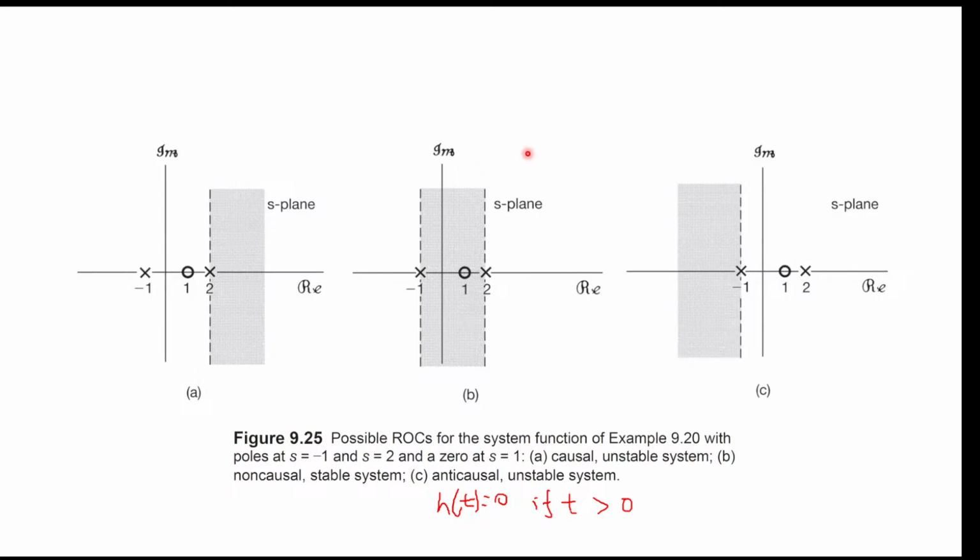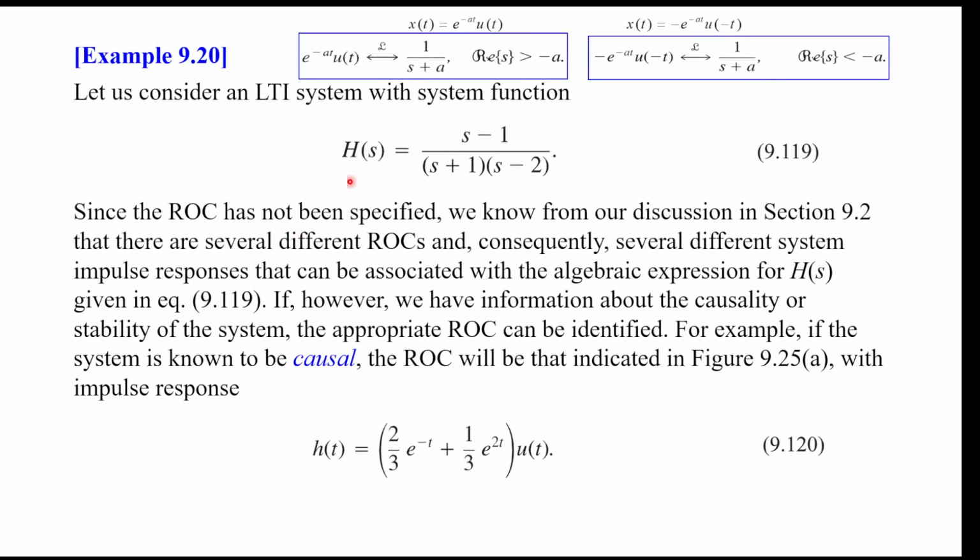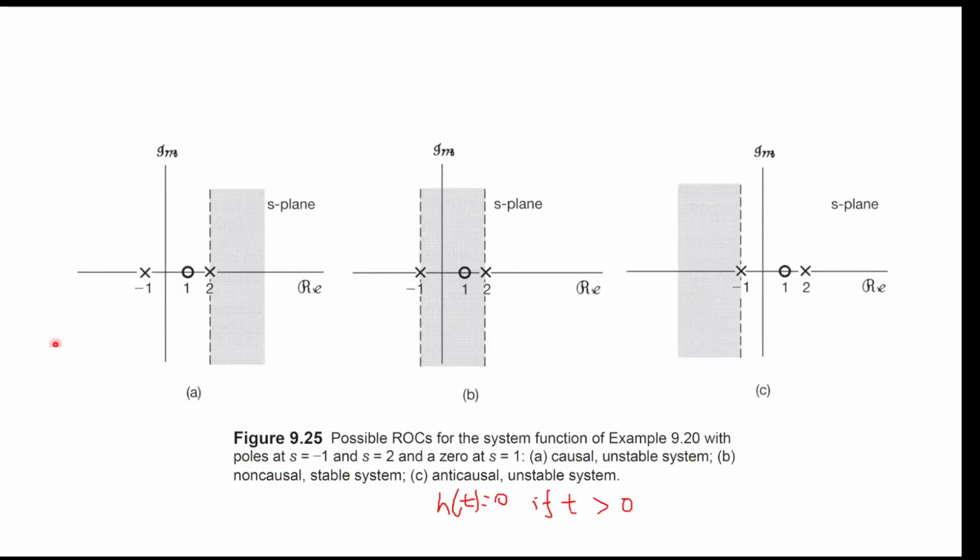Since this is a rational function, we know that it has 3 possible ROCs. It can be ROC greater than 2, or ROC between minus 1 and 2, or ROC less than minus 1.